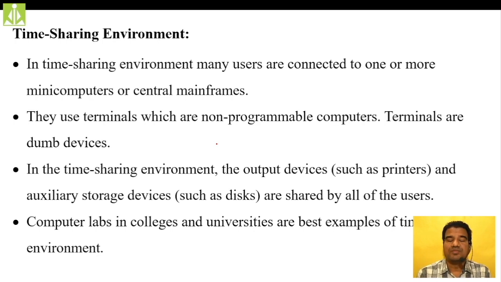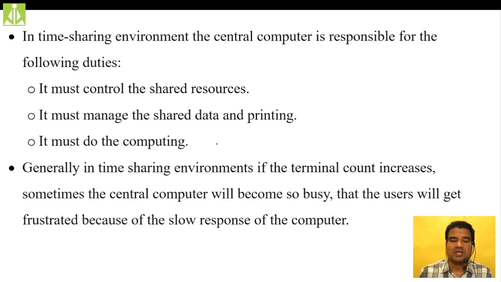The example for this is computer labs. In computer labs, we are going to have only 1 or 2 central computers, and all other computers we are going to maintain as dumb devices. And these dumb devices utilize the resources of the central computer.